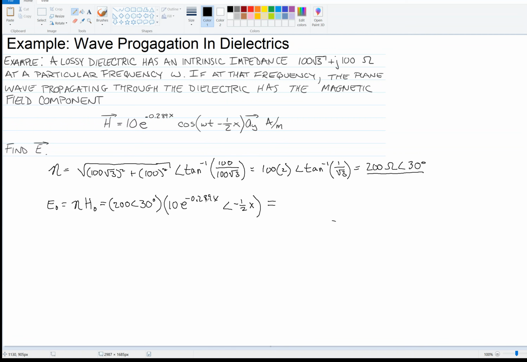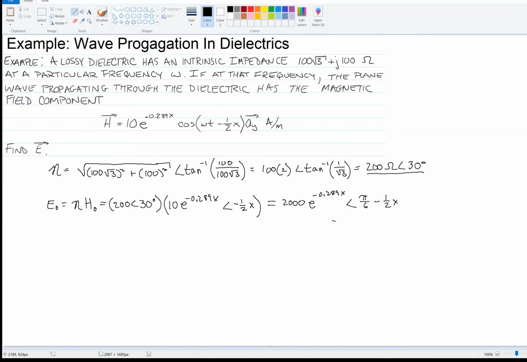The amplitudes multiply and the phases add. So this becomes 200 times 10, e to the negative 0.289x, with the angle, which I'm going to change to radians: 30 degrees is pi over 6. So this is pi over 6 minus 1/2 x, with 1/2 x in radians.